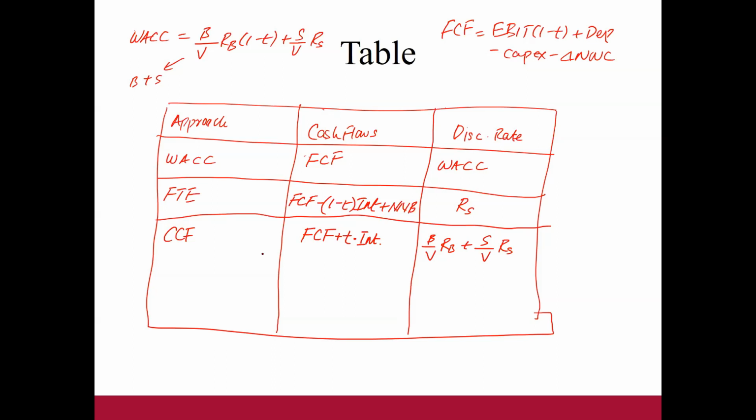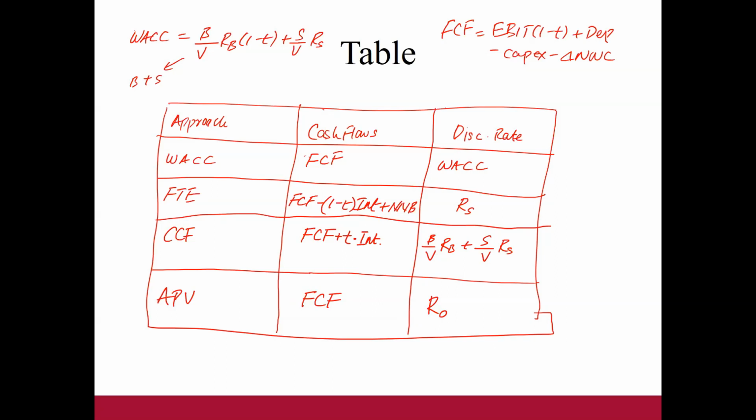So again, this was last time. And then finally, we said there is something called the APV approach. The APV approach says that you take your unlevered or financial cash flows, so you start from that. You then discount these at R naught, where R naught is your cost of unlevered equity.